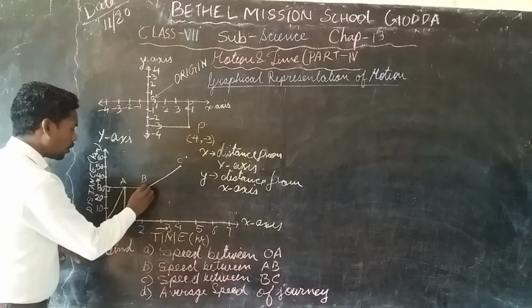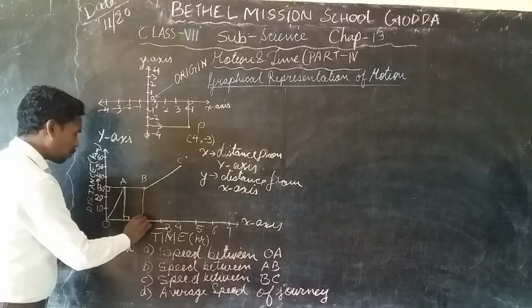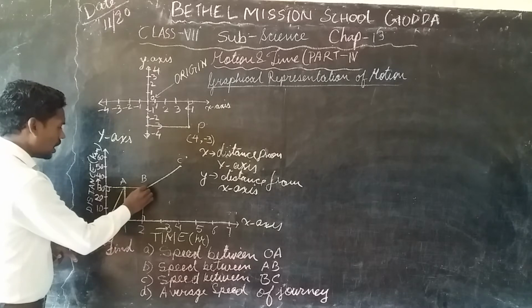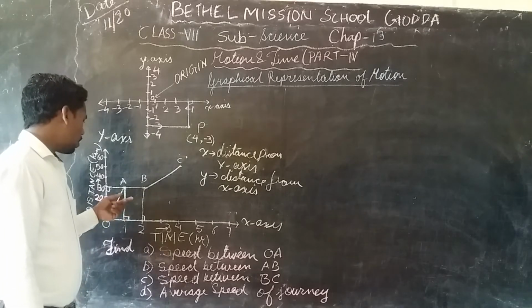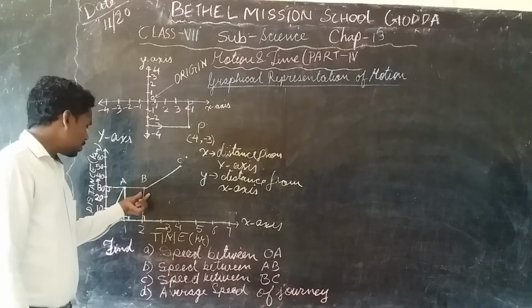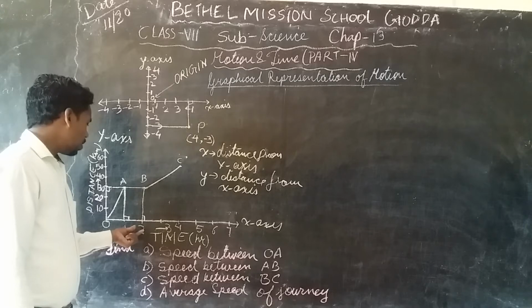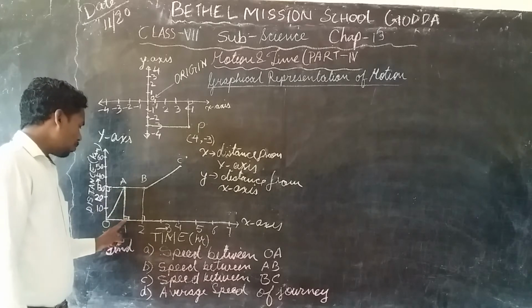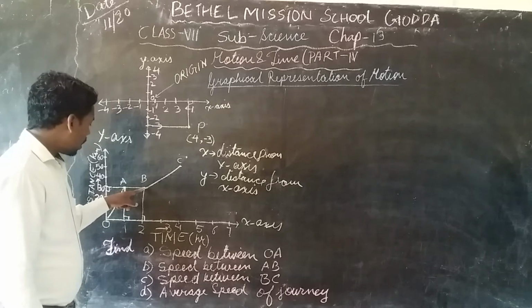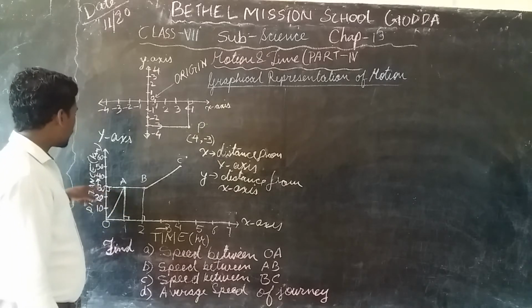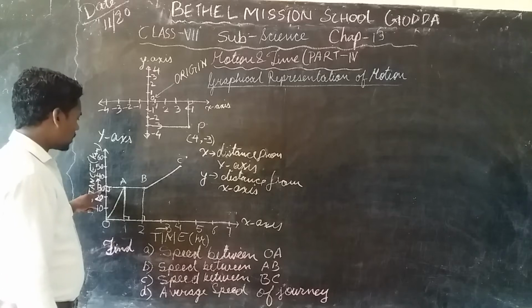Now when we talk about point B, we can draw a perpendicular here and a perpendicular here. You can see that the time taken for the object to be at B is 2 hours, which means from A to B it is 1 hour. And when we read the y-axis, it is 30 kilometers.